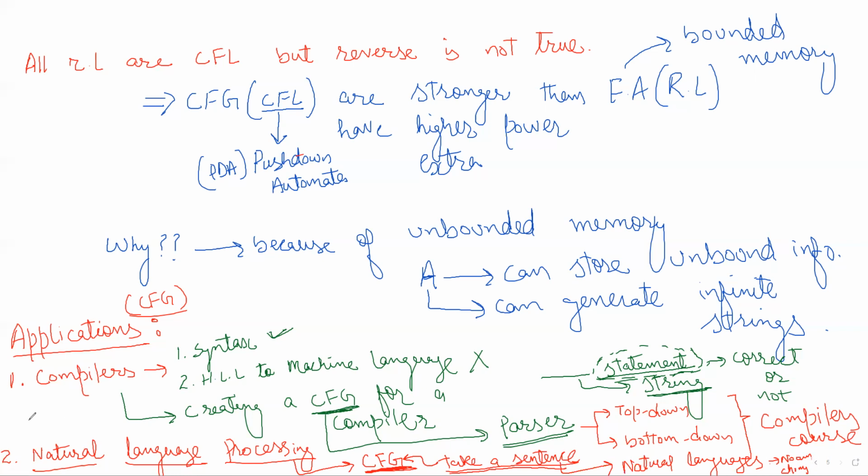Currently he is a political figure and has written many books, but his main objective at the beginning was to derive the grammars for natural language. So these are the two broad applications of context-free grammars: one is compilers and the second is natural language processing.